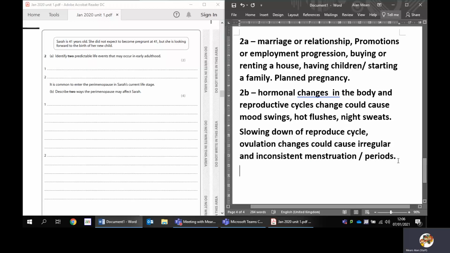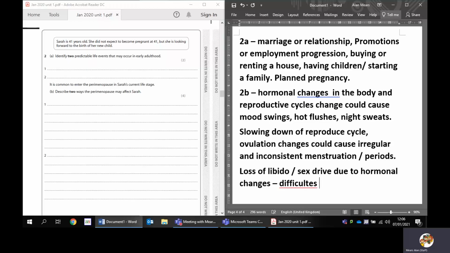Menstruation, hormonal changes. It could also look at the idea of loss of libido, sex drive due to hormonal changes, and obviously difficulties with sexual interaction.